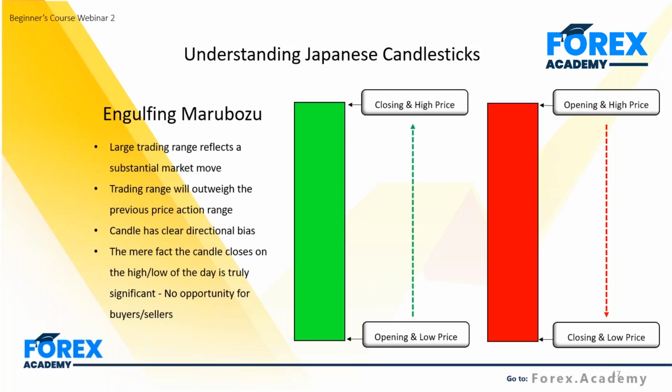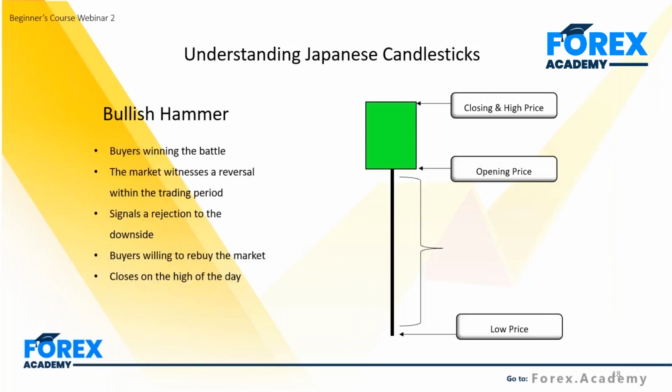It has clear directional bias. Of course it does. It doesn't look to pull back or retrace. It's telling us the market simply wants to trade one way. The mere fact the candle closes on the high or low of the day is truly significant. There's no opportunities for buyers or sellers to effectively try and push this back and win any battle at all here. Okay, so very, very significant for us.